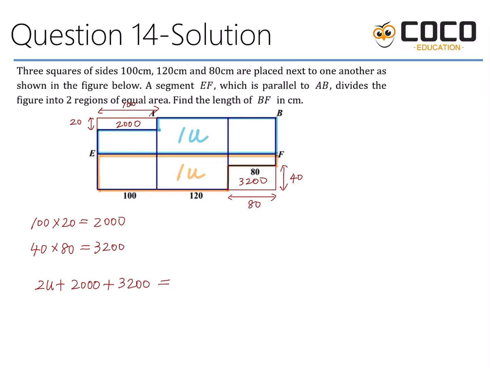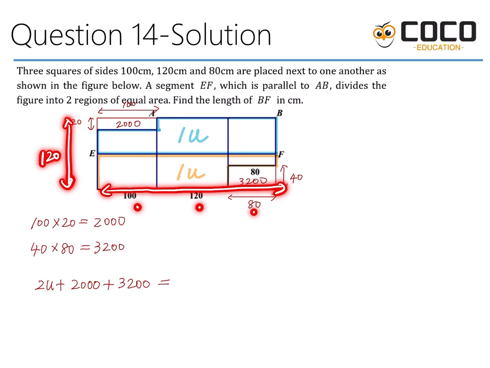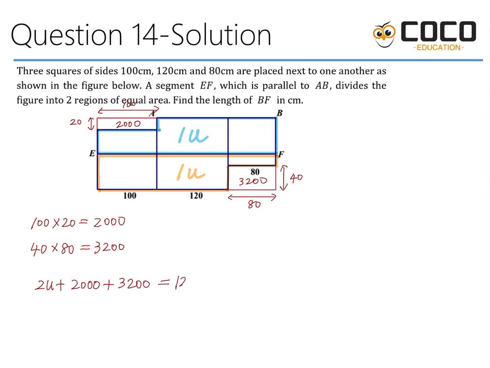So total area is a big rectangle. The shorter side is 120. And the longer side is 100 plus 120 plus 80. Let's work out the value. So 2U plus 5200.